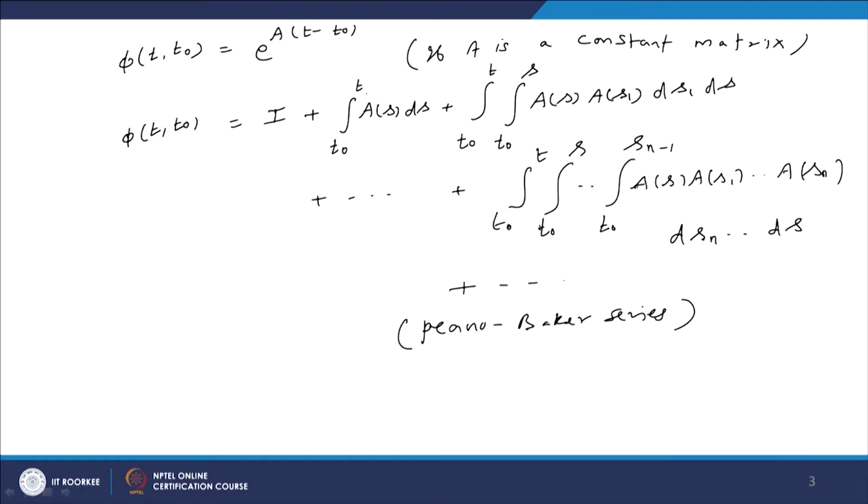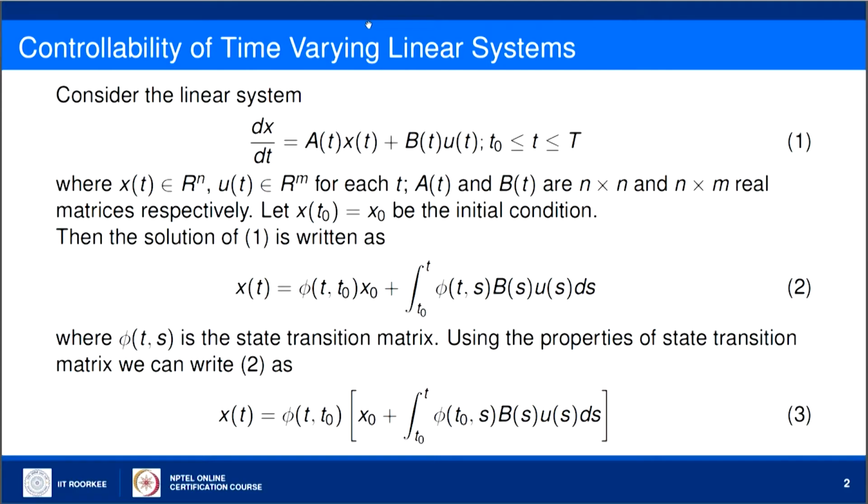Now, we can easily see that if A is a constant, then it reduces to the value e to the power A t minus t0. So, using this state transition matrix, we will be able to write the solution of the first equation in the form of the second equation.